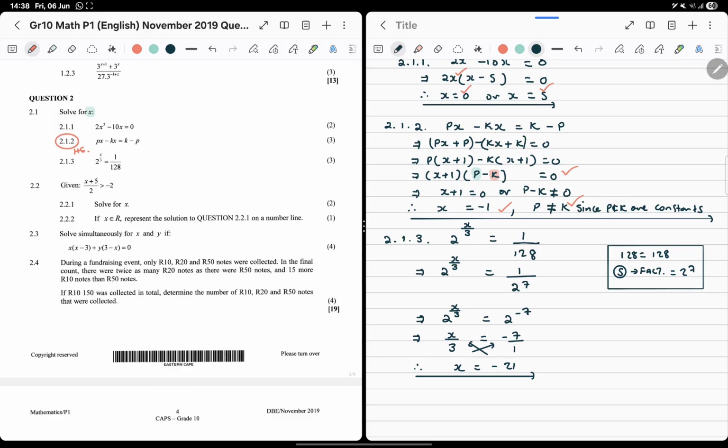Okay, so let's see, what does that give us? It gives us 128. But it doesn't give us 1 over 128. Oh, I forgot. I should have put minus 21. Goodness. Not 21. Okay. Now that's good. So my left-hand side is equal to the right-hand side.